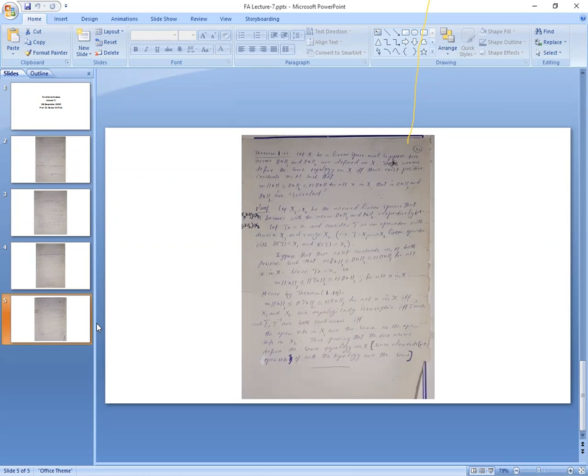The result says, let X be a linear space and suppose two norms, norm 1 and norm 2, are defined on X. Then these two norms define the same topology on X if and only if there exist two constants small m, capital M, such that m norm x norm 1 is less than equal to norm x norm 2 less than equal to capital M norm x norm 1 for all x, or in other words, norm 1 and norm 2 are equivalent.